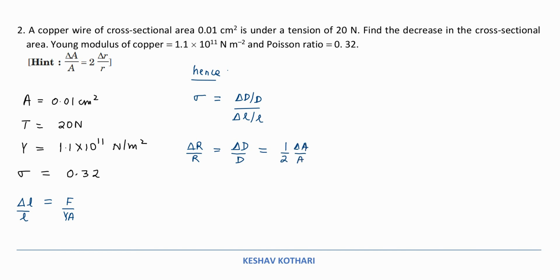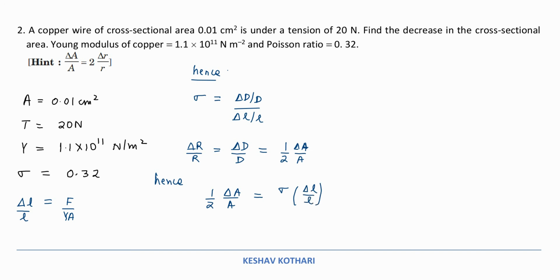So we can replace delta D by D with half of delta A by A. Hence we can rewrite this expression as half of delta A by A is equal to sigma times delta L by L.